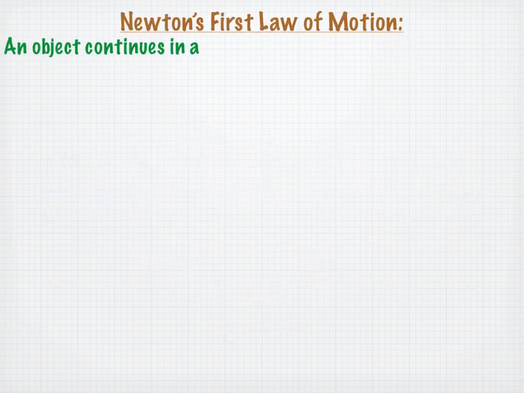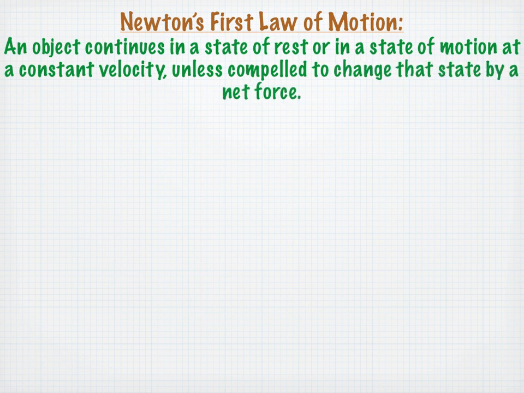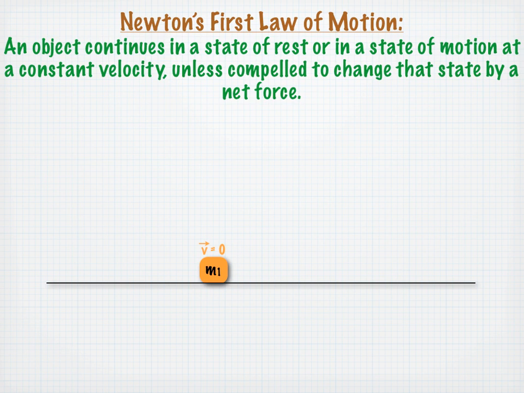This brings us to Newton's first law of motion, which states that an object continues in a state of rest or in a state of motion at a constant velocity unless compelled to change that state by a net force. If our object is sitting on the ground in a state of rest, it will stay in that state of rest unless a net force is applied to it.